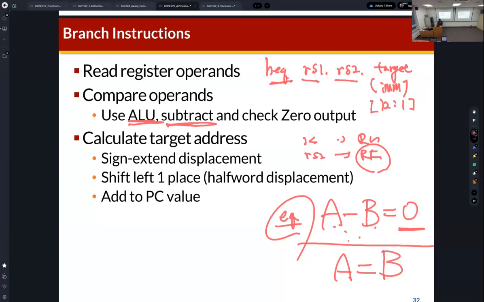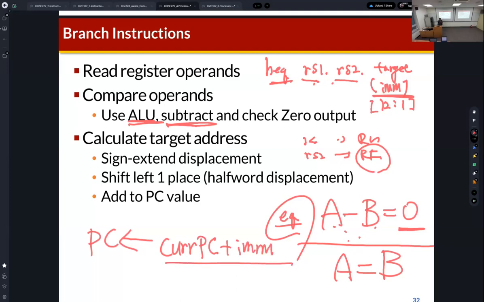Then the ALU also needs the immediate. What is the behavior of BEQ? If the BEQ condition is true, which means that RS1 is equal to RS2, then PC is updated by the current PC plus immediate. So we need to support this operation also.